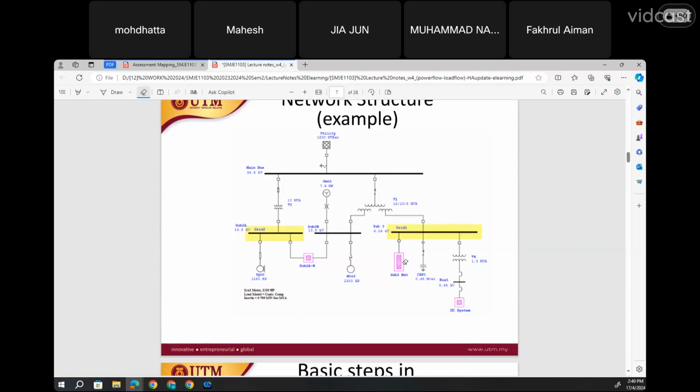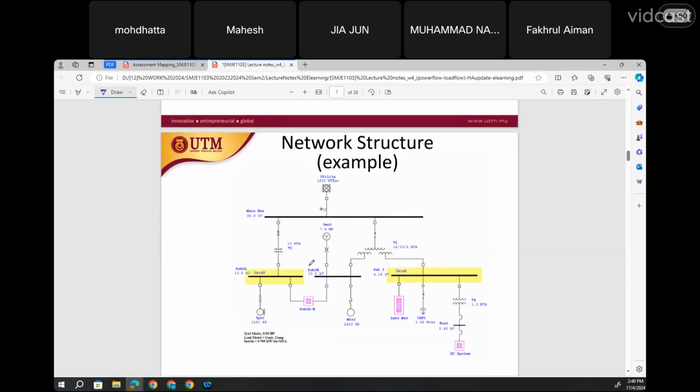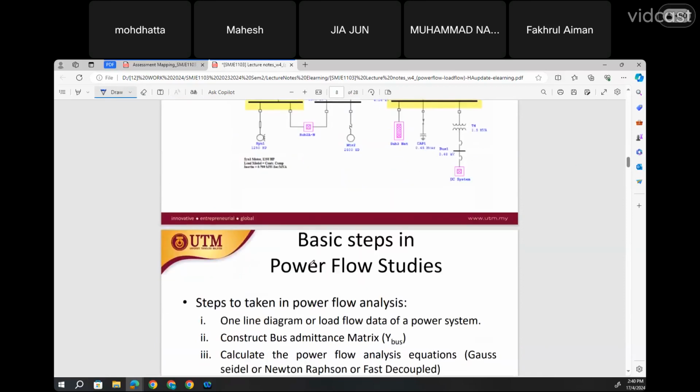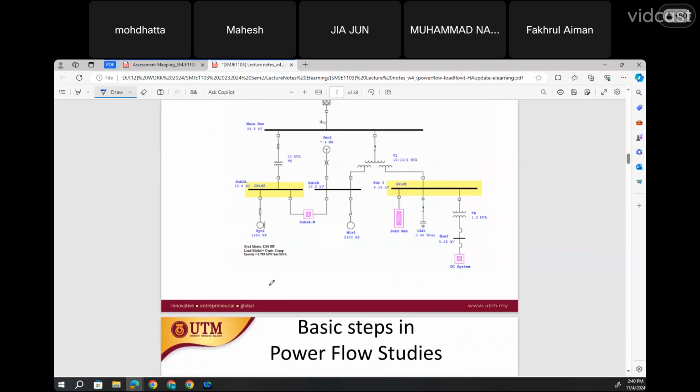In a single line diagram, you have a single line connecting to the bus, and also another line connecting to the next bus or the next substation and so on. This is known as a single line diagram, or in some books they also consider it as a one line diagram.